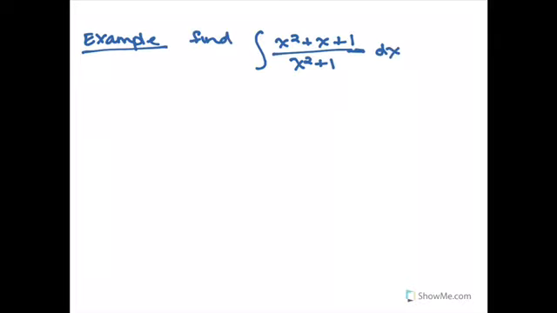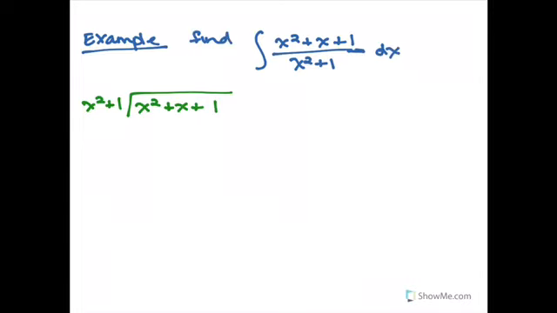So what I have here is x squared plus x plus 1 divided by x squared plus 1. And this method is only going to work when the degree of the numerator is the same or greater than the denominator. Right? For me to be able to divide into it, it needs to be bigger than what I'm dividing by.